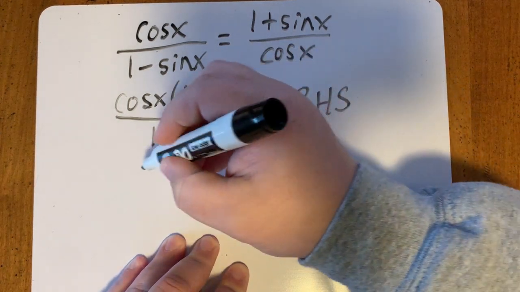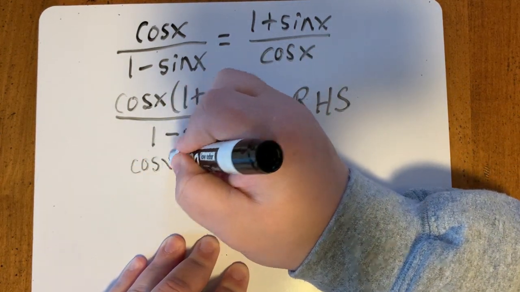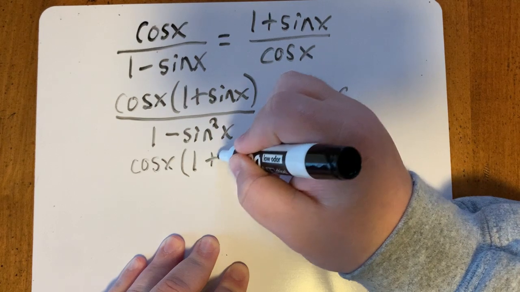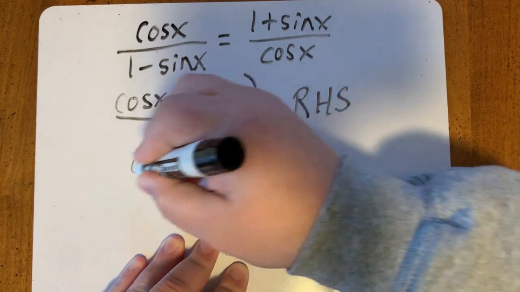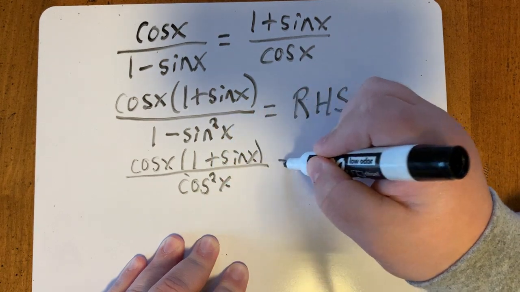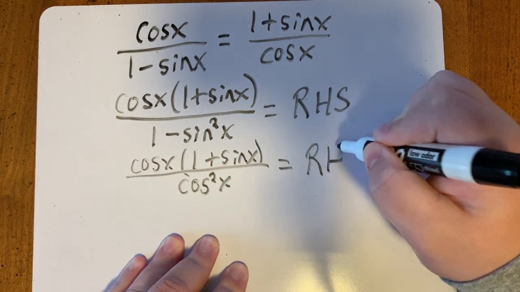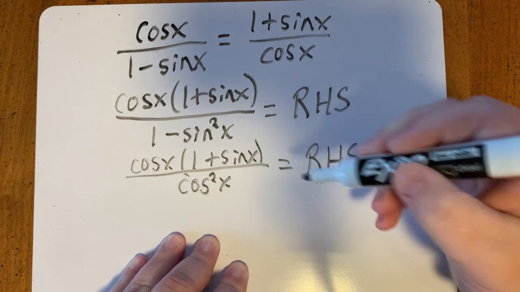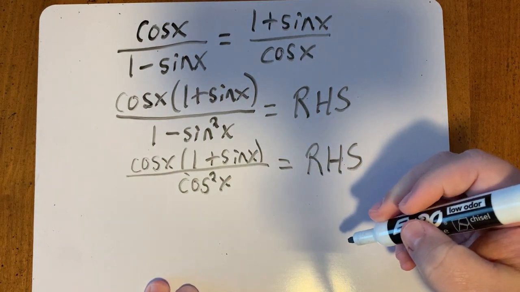Oh, we know what 1 minus sine squared of x is. That's cosine squared of x. Oh, you've got a cosine in the numerator and 2 cosines in the denominator.